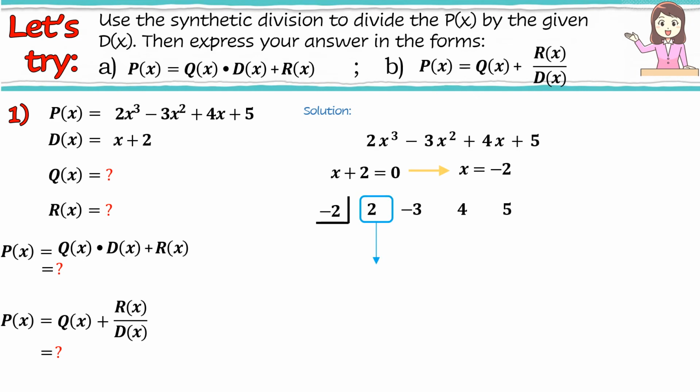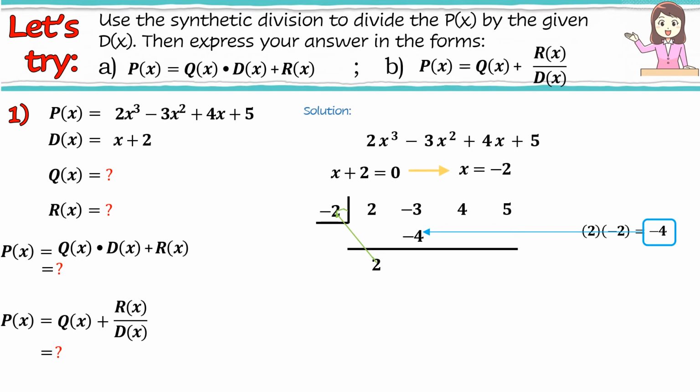And then, we will have the first number dyan sa ating inner line, ilalagay natin sa baba, bring down lang, copy as is. Wala kayong ibang gagawin. You bring it down and then mag-draw kayo ng line and then we are going to multiply 2 times yan, negative 2 and that will give us negative 4.